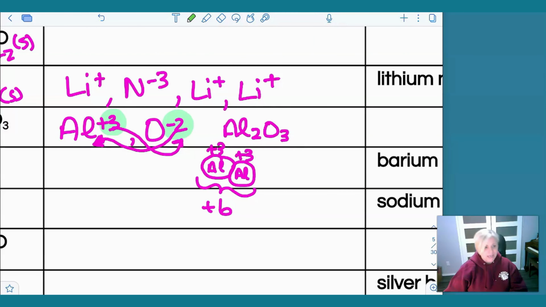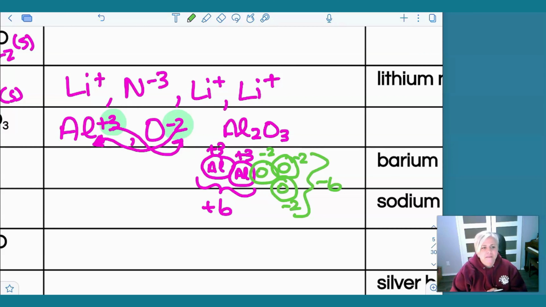In terms of the negative ones, I've got 1, 2, and 3 oxygens. And each one of them are a minus 2. And that gives me an overall negative amount of minus 6. So this works. That little crisscross method will work almost every time.